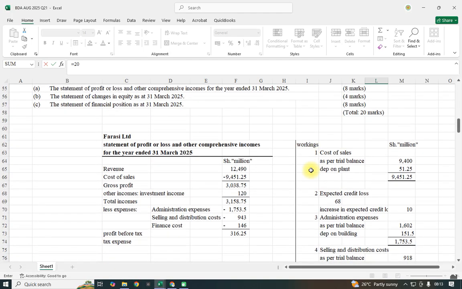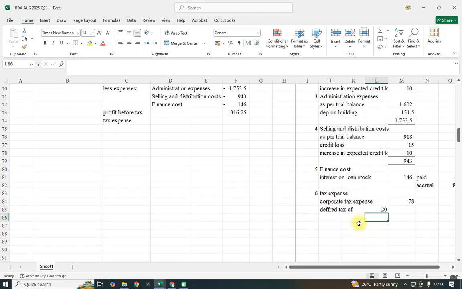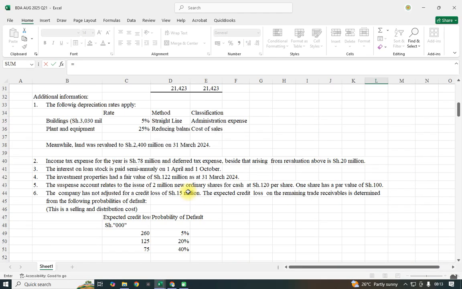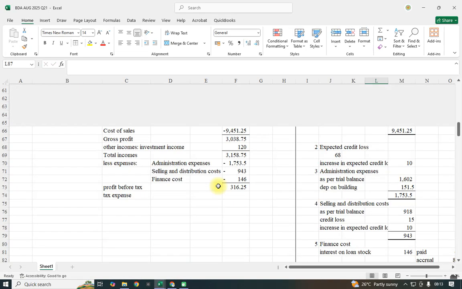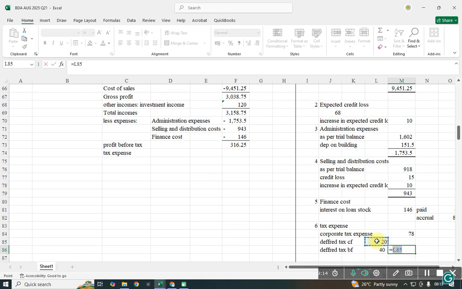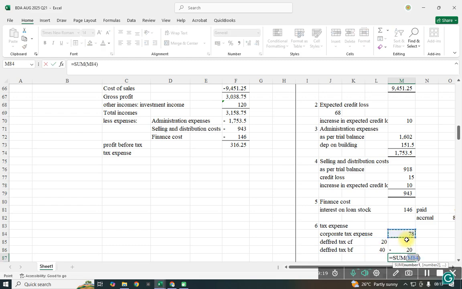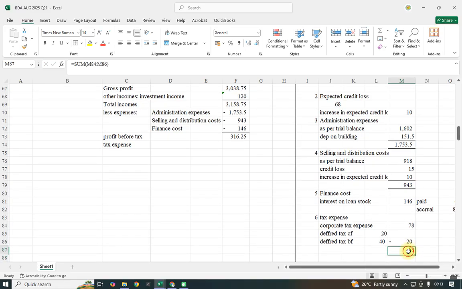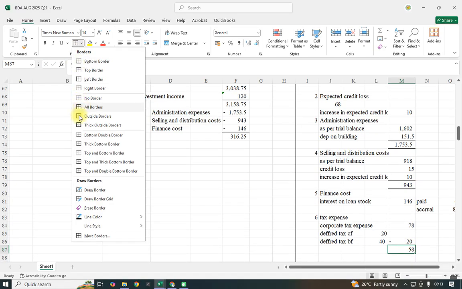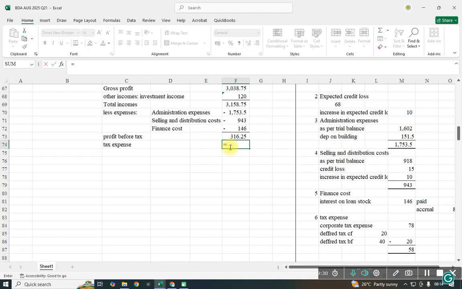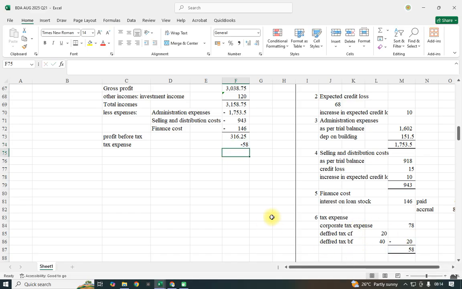And then deferred tax brought forward in the statement, we had 40. So we had a decrease in the deferred tax of 20. That's what we shall account for, so that our deferred tax in the statement will be 58 as our tax expense.